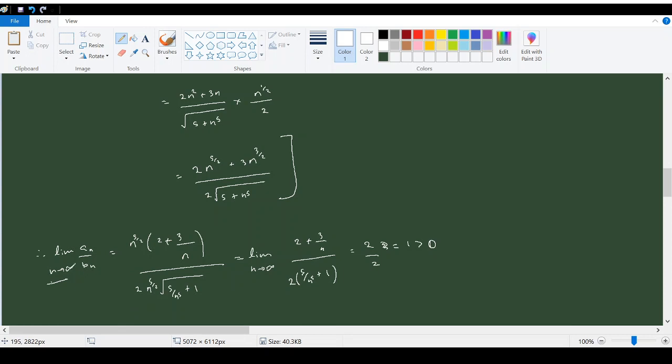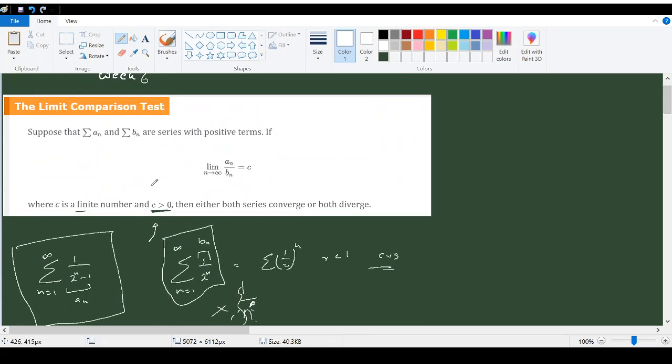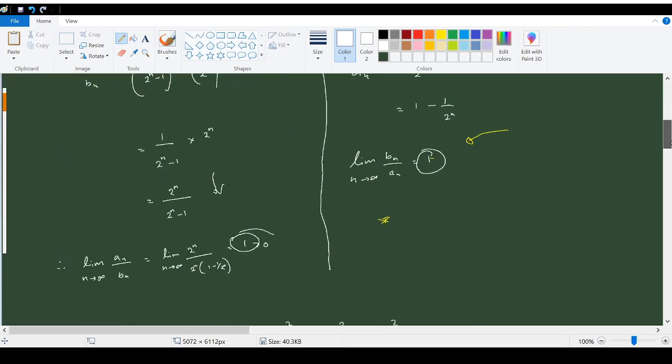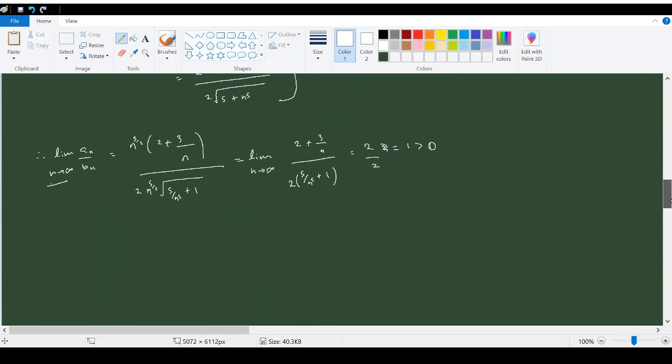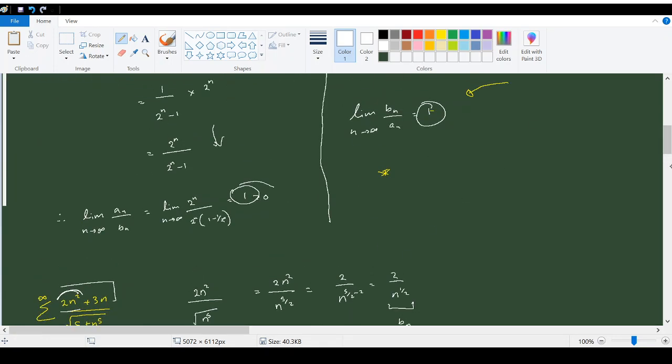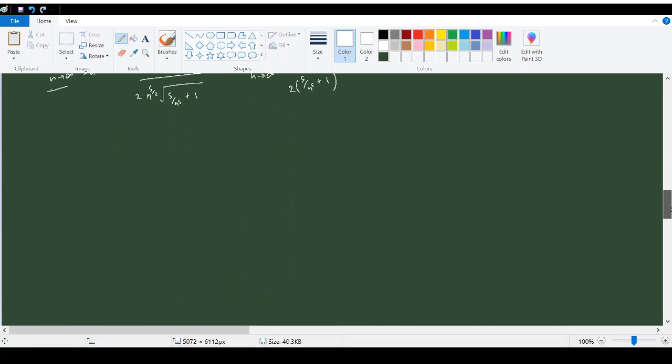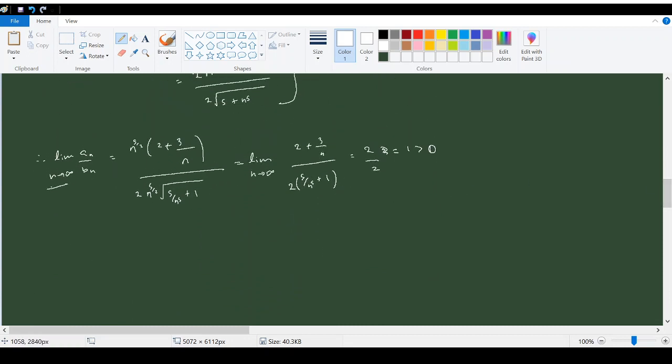If it goes to 0, we take the lowest power. That's the way we do limits of a fraction. And you can see that the limit is equal to 1 in this case. And again we have the required situation, which is the limit greater than 0. It need not be equal to 1 all the time, but in both these examples we had the limit equal to 1. That's just a coincidence.